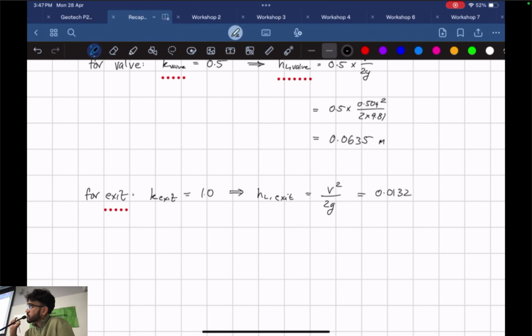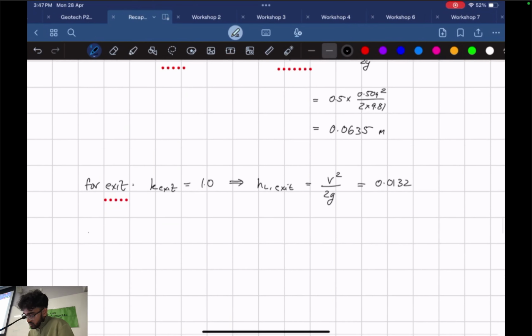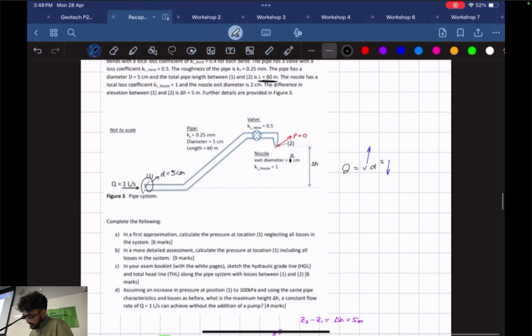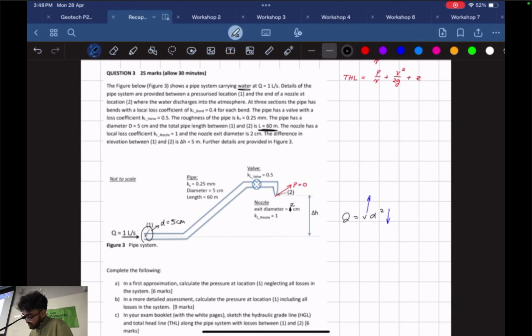For the bends, how many bends do we have? 3, right? So we're going to have to multiply by 3. So for bends, what's K bend? They've told us that it's 0.4.